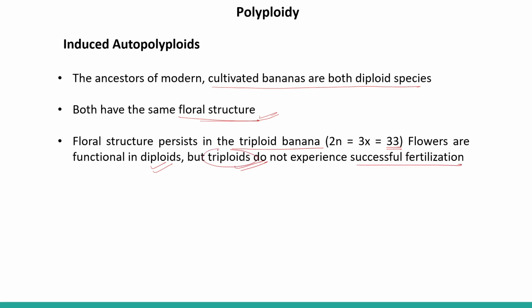In the triploid form, the flowers are not functional. But in the case of diploids, they have functional flowers. So if the flower is not functional, then there will be no fertilization.